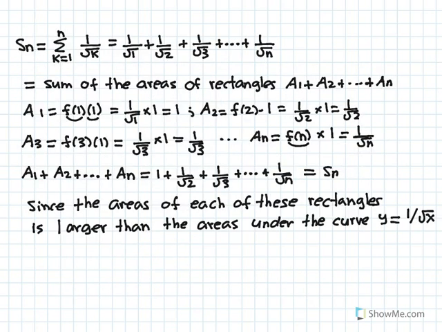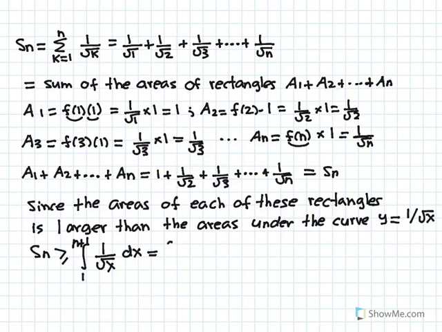And for this reason, the nth partial sum, Sn, which is the sum of these n rectangles, is larger than a definite integral, larger than the area under the curve of the function 1 over root x. So integral from 1 to n plus 1, 1 divided by root x dx.